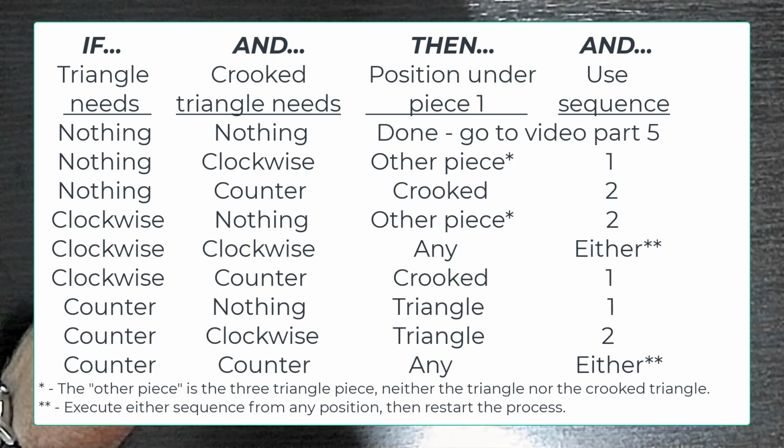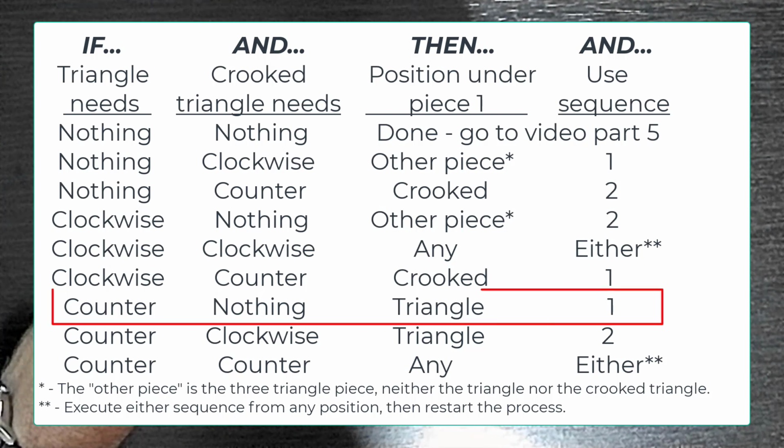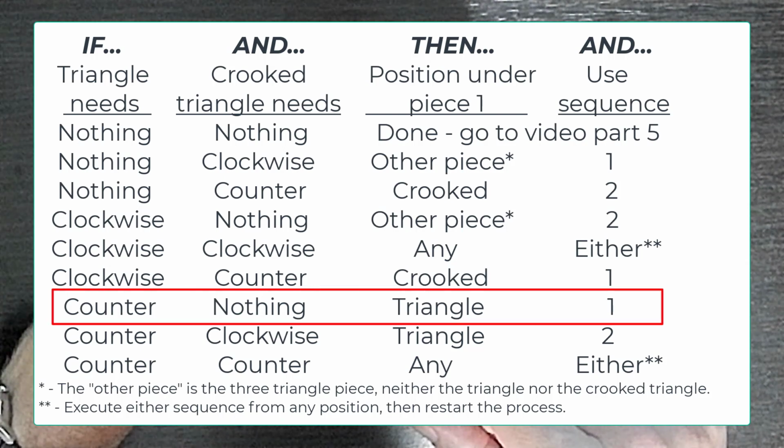All right, based on what I see on that chart, I'm going to rotate my puzzle back to position 1. I'm going to go back to the northern hemisphere and do whichever one of those sequences is appropriate under the circumstances.